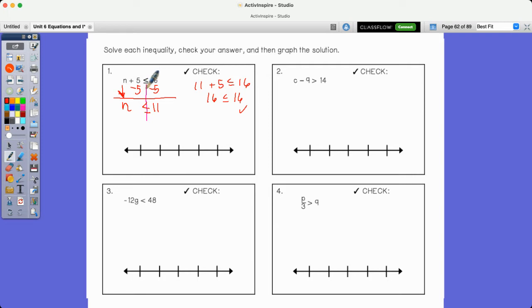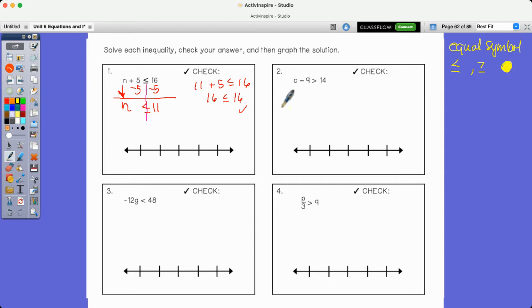Now, we have a couple things. Let me change colors. We're going to go over to the side. When there is an equal symbol, so it is less than or equal to or greater than or equal to, we are going to use a closed dot.